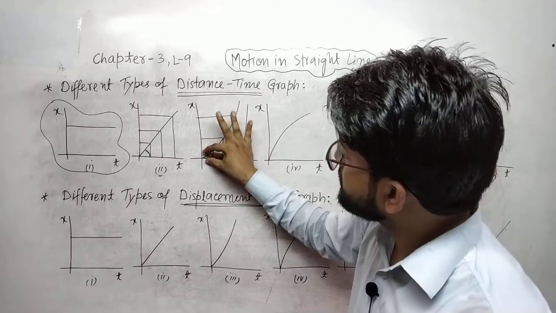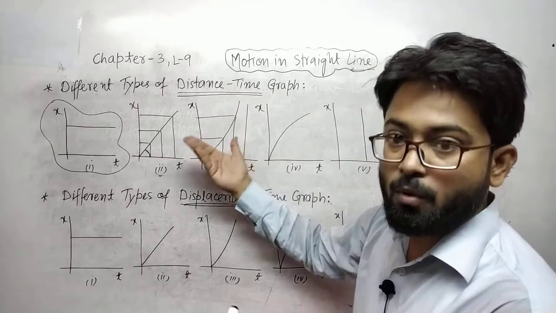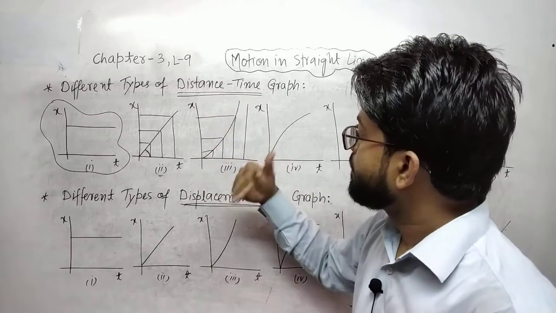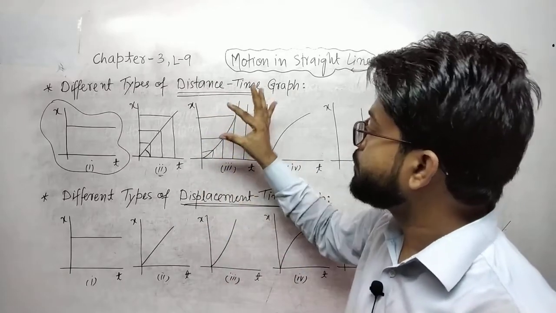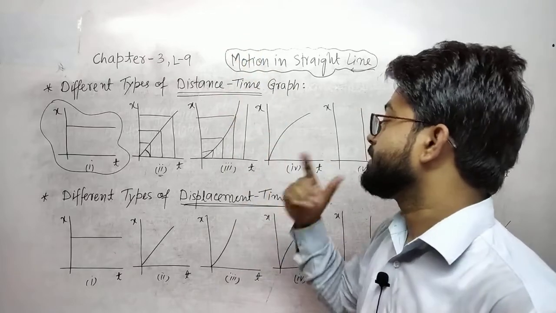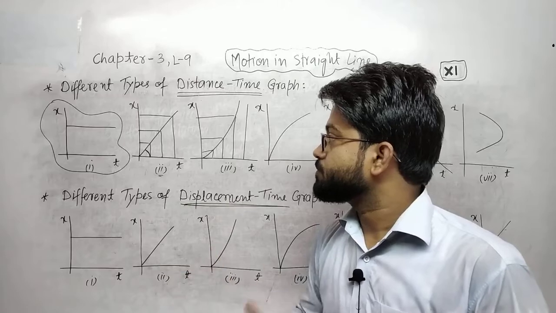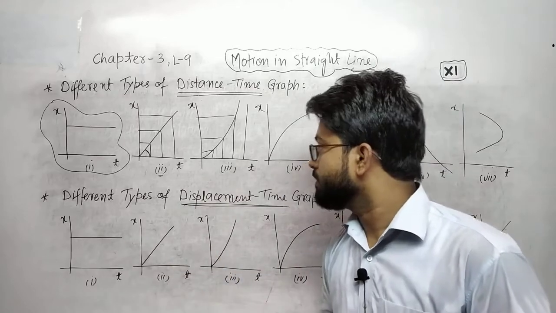First it is less, second time it is more, and third time it is more. That means the change in position is continuously increasing. That means there is an acceleration, the speed is increasing here.